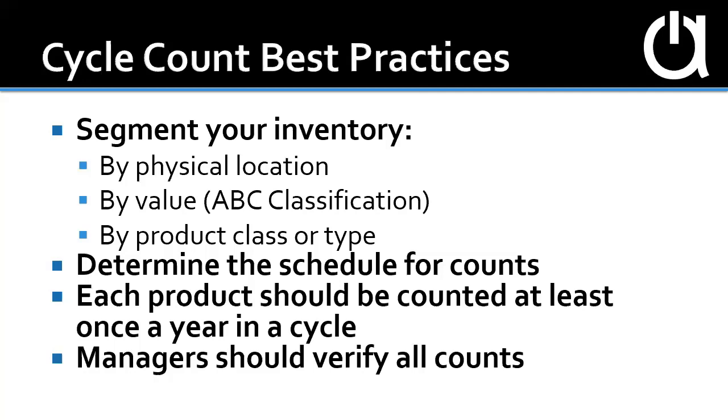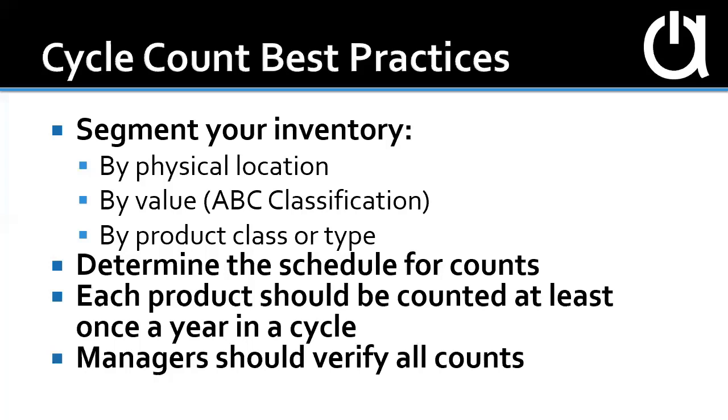Each product should also be counted at least once a year in a cycle. So every product should still be counted. We're just not counting them all at once, like with a physical count. So with a cycle count, we should touch every single piece of inventory throughout the entire year by doing multiple cycle counts.